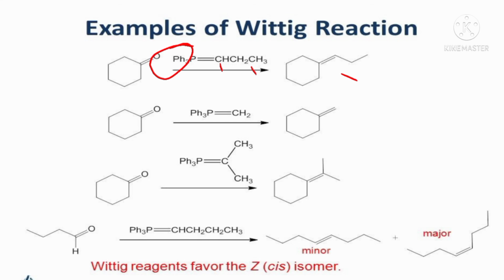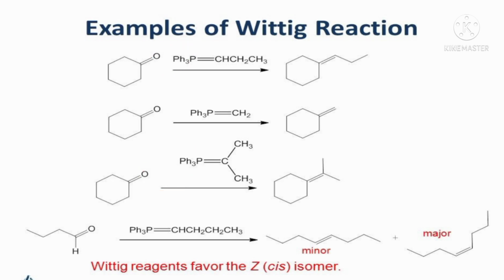In the second example it is also the same: this part is lost and these two groups join to form the alkene. In the third example, this part departs, these two groups join, and an alkene forms.